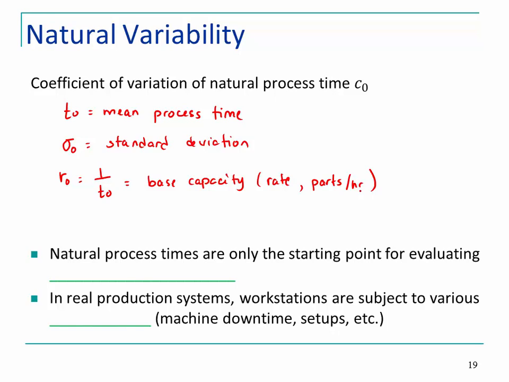And then we can define the coefficient of variation as the standard deviation divided by our mean process time. But as you will see, this would also be the same as this.